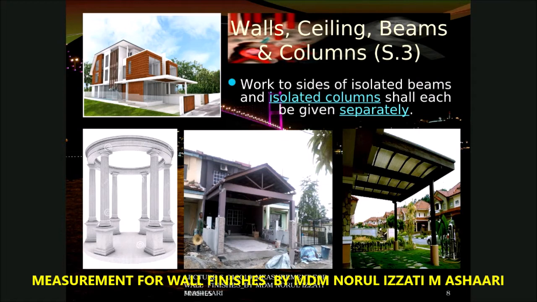This is one of the examples. You can see this one, even though there is no wall attached to it. Normally you can see this one in the garden outside. You have to measure under wall finishes, but you have to state isolated column. Same goes to this one. You have to paint this column, and this one also needs to be painted. Definitely two different materials, so you have to use two different types of painting. So you have to measure separately.